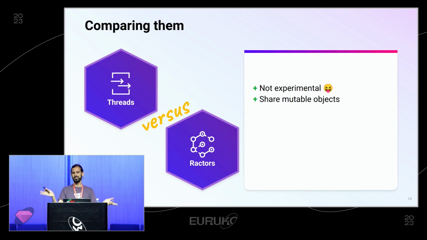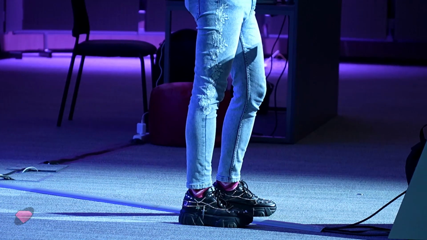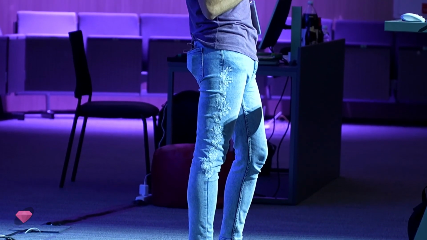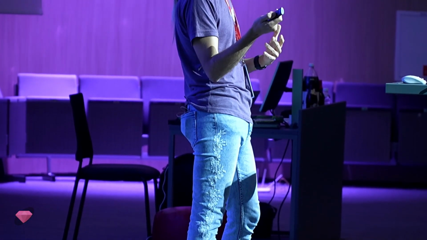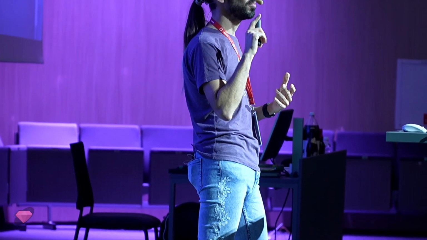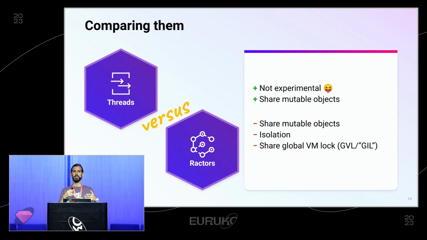Okay, threads versus reactors. To be fair, reactors are still experimental, so threads aren't. And threads allow you to share mutable objects. And I will cheat a bit because I'm marking it as an advantage, but sharing mutable objects is also a disadvantage. A lot of problems you can have with threads and concurrency come from threads being really powerful and allowing you to do this kind of sharing.